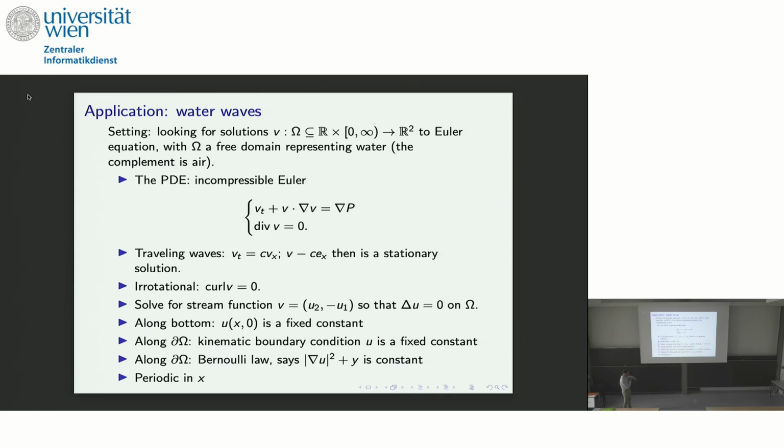Yeah. So let me instead give you a small application to constructing solutions. So this is this gravity water wave problem. So the idea is, maybe let me draw a picture of the configuration here.